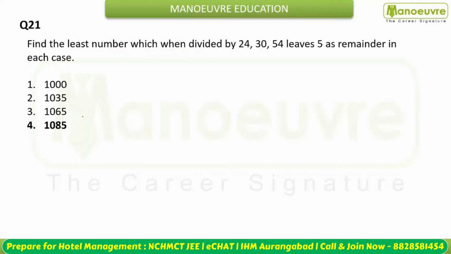You have to find out the least number which when divided by 24, 30, 54 leaves 5 as the remainder. So that means बच्चों what you have to find out, you have to find out the LCM of these numbers and then what? आपको 5 रिमाइंडर चाहिए तो क्या कीजिए? 5 ऐड कीजिए LCM के अंदर.